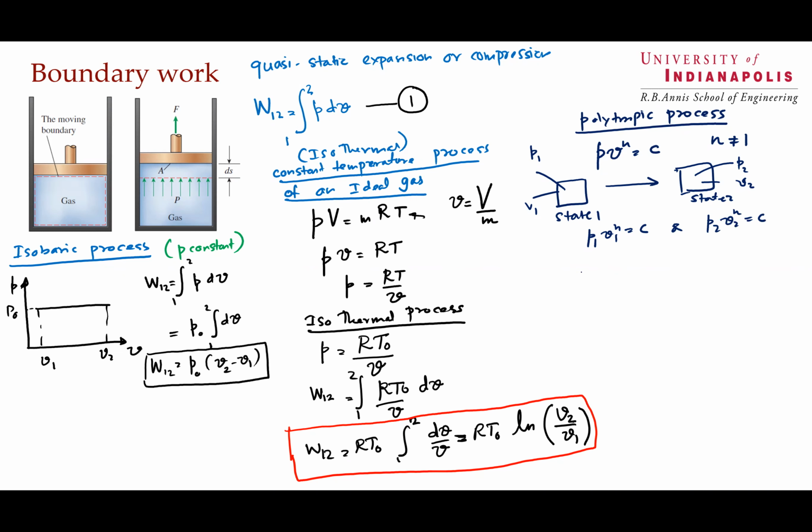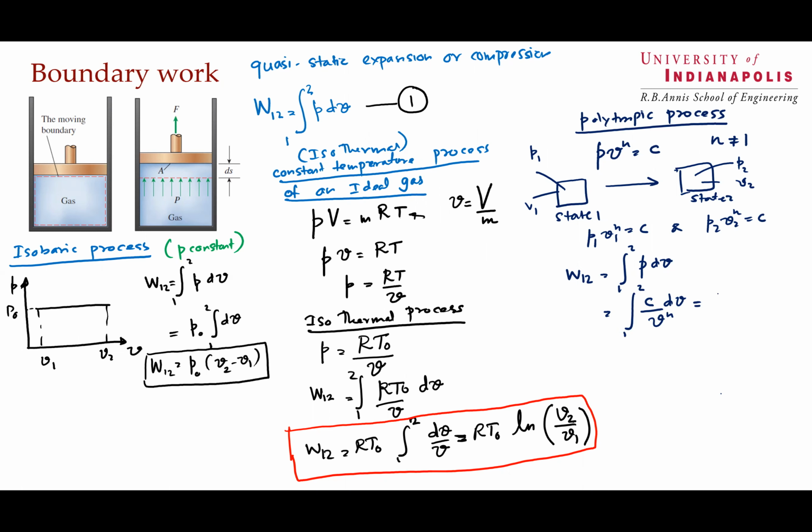And now if you want to find W12, you can integrate 1 to 2, right? P dV. Instead of P, I can put C divided by V to the power n dV, 1 to 2.